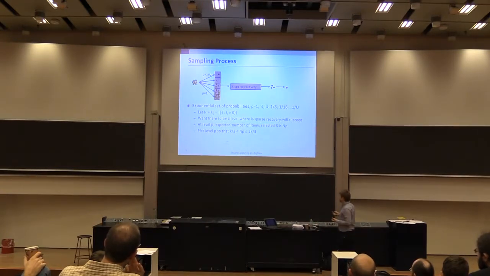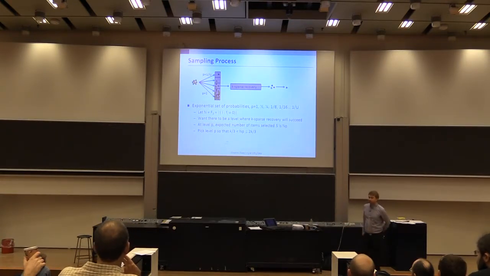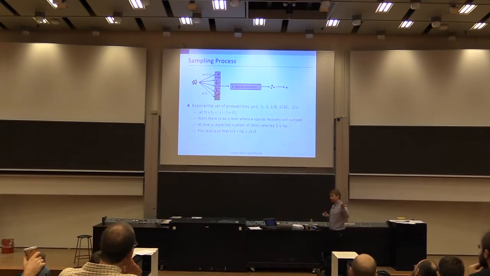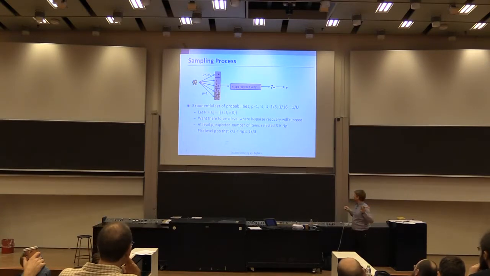So if n, or shorthand for f0, is the number of distinct elements in the original vector, then at any given level p, the expected number of elements that survive, that are selected into this thing, fixing the final vector after the screen, will be n times probability p.